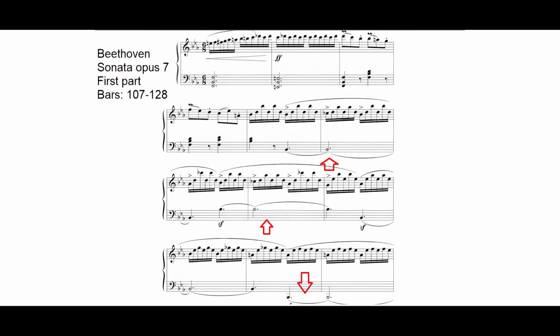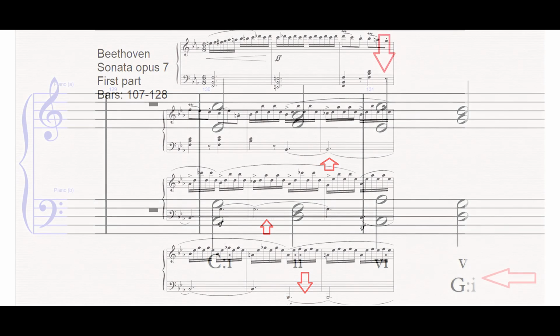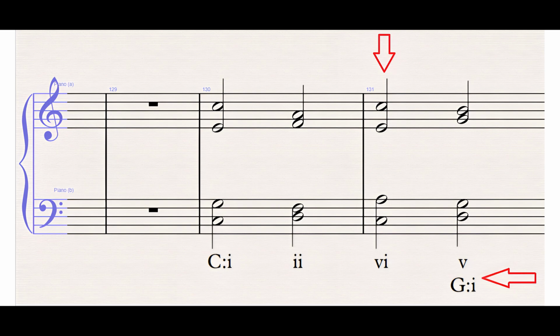And finally, modulation, another important part of harmony. What is modulation? It's the process of moving from one tonality to another. There are three main ways to modulate, and sometimes these methods are combined. The first is diatonic modulation, where we use chords that are common to both the original and destination tonality.